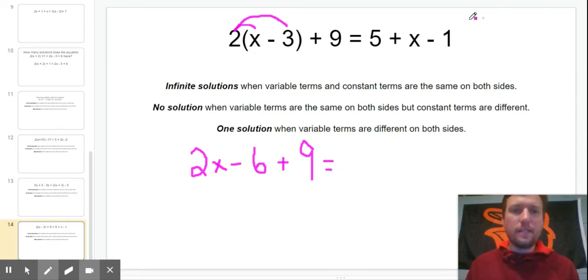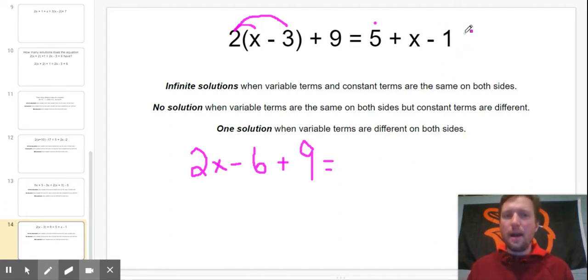Equals, all right, and then on this side of the equal sign, I have 5 plus x minus 1. Now, is there anything that I can put together, any variable terms or any constant terms? Well, I see 5, and I see minus 1, but we think about this as negative 1. So we're going to put these together.